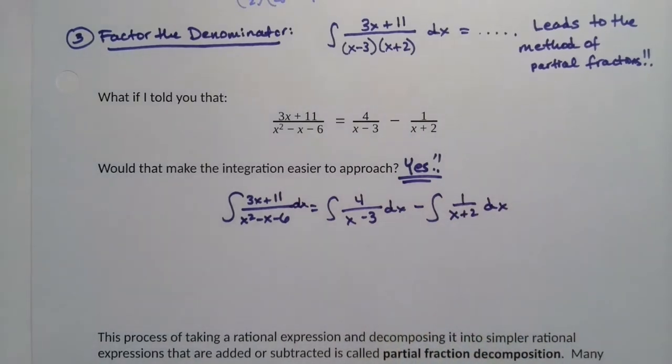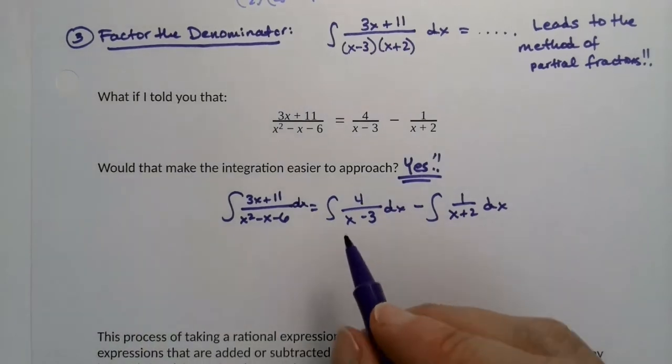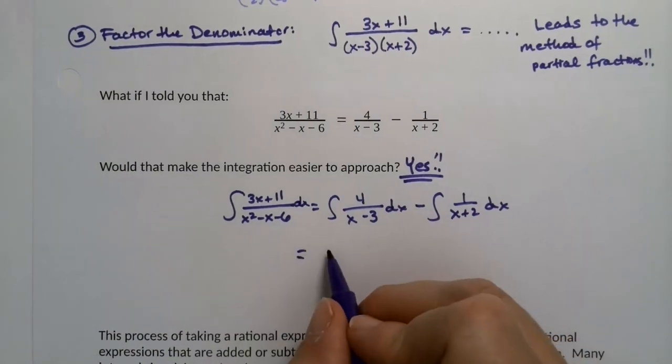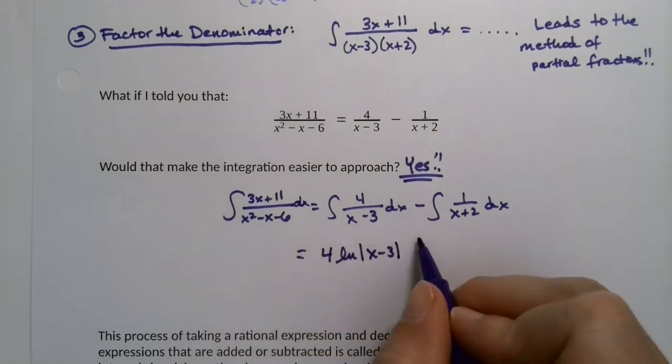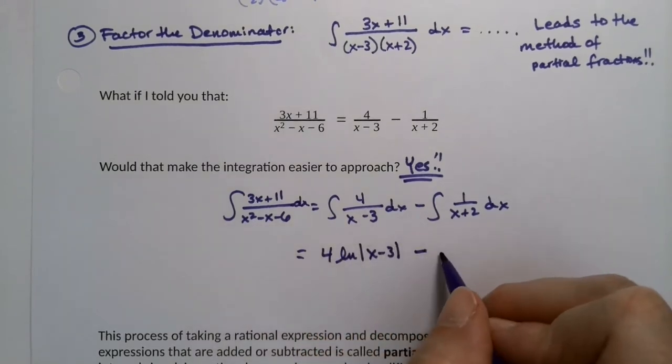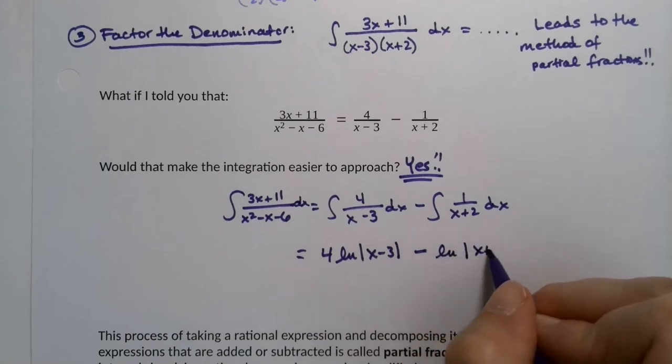And both of those are actually very easy to do, right? This would be 4 natural log of the absolute value of x minus 3 minus the natural log of the absolute value of x plus 2.